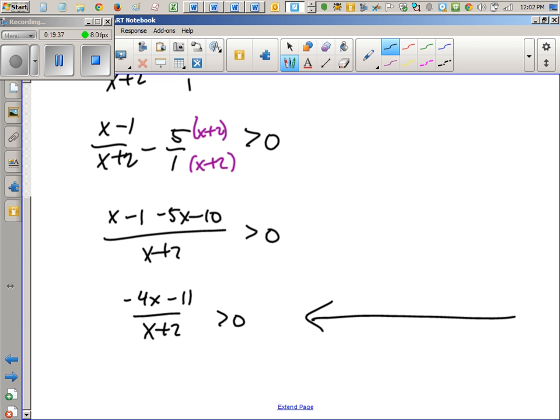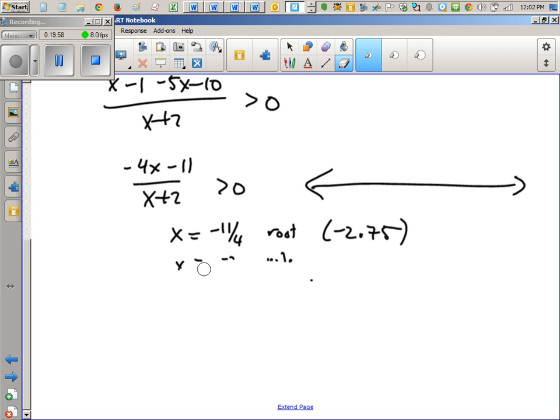The root is negative 11/4. By the way, that's negative 2.75, if you're curious. And the other important number is my pole, and that's just, of course, negative 2. So getting everything equal to 0 and then getting it all into one fraction helps you really understand what to do.